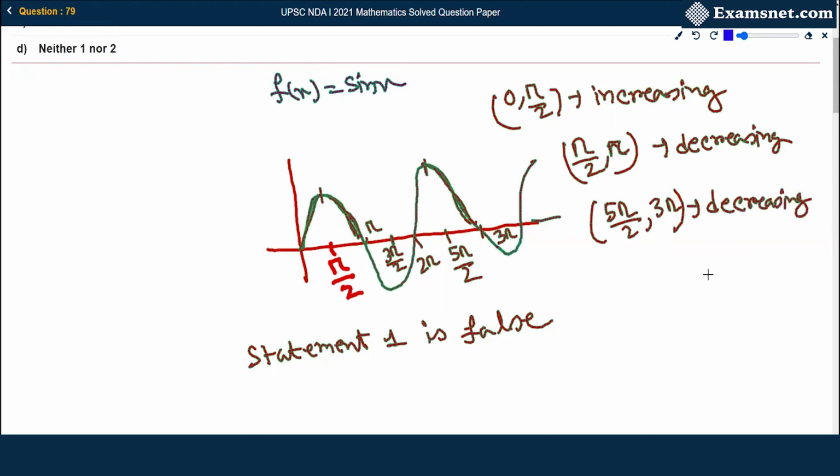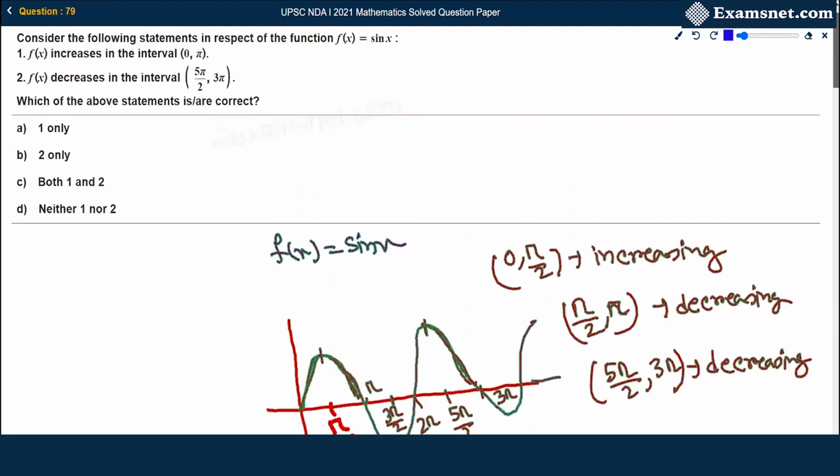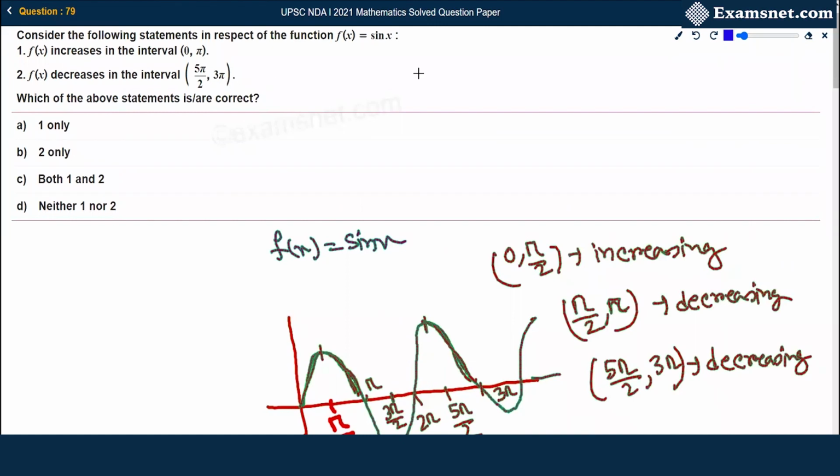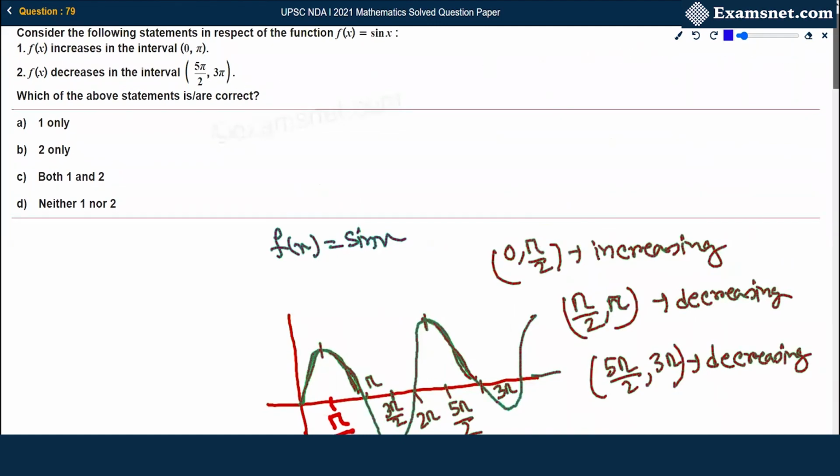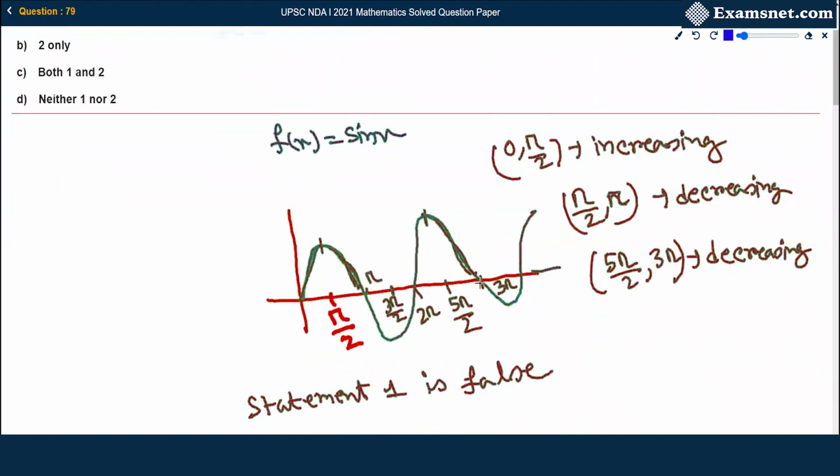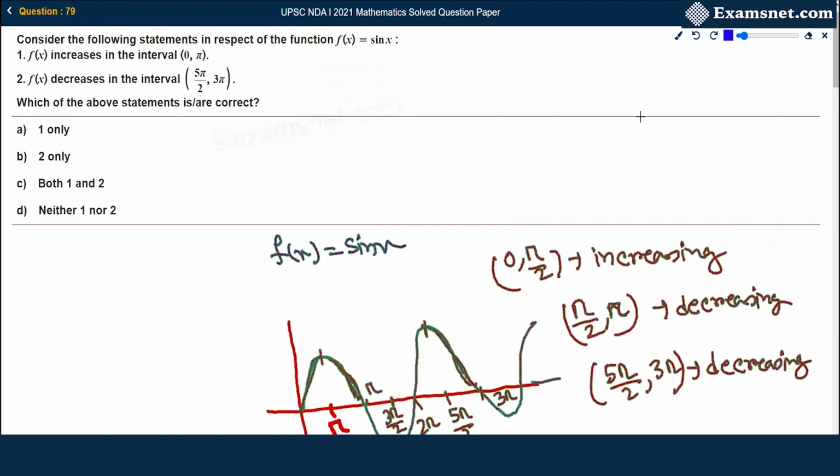So yes, it's true that f of x decreases in the interval 5 pi by 2 to 3 pi. That means sin x is decreasing in this interval. So here we can see that only statement 2 is correct. So option B is the correct answer.